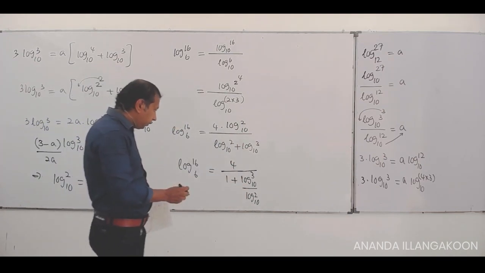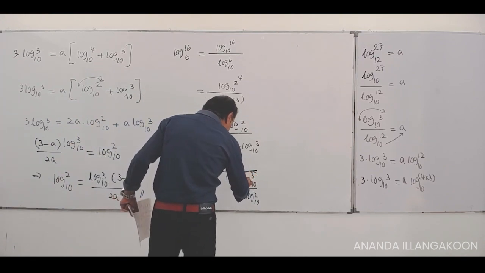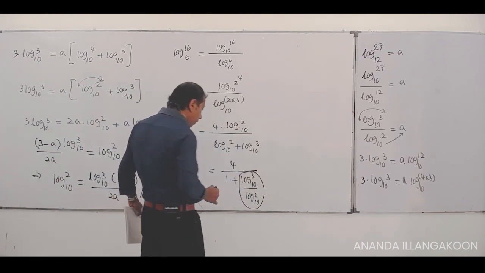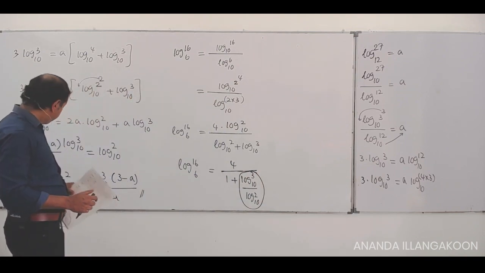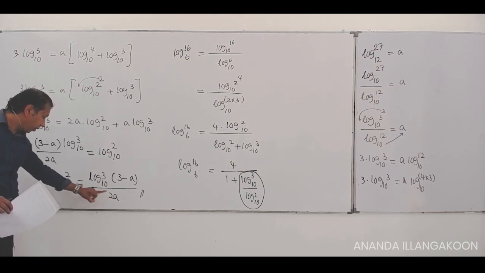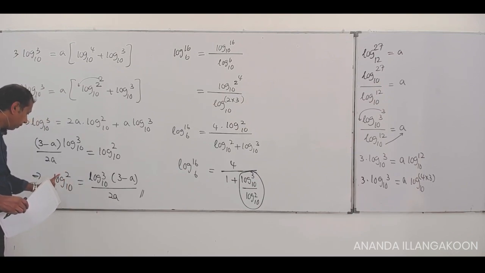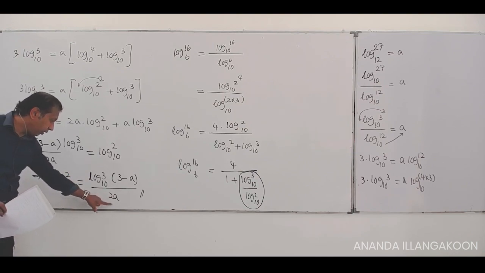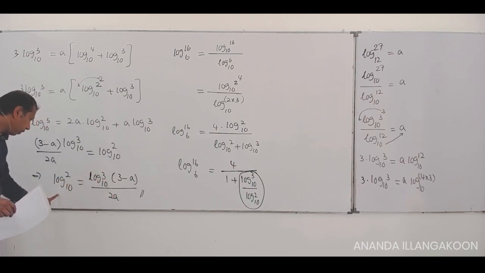Now, for this part, I can substitute by the previous answer. Here, by using the cross multiplication, this 2a I can take here, log 2 base 10 I can take here, 3 minus a I can take here.